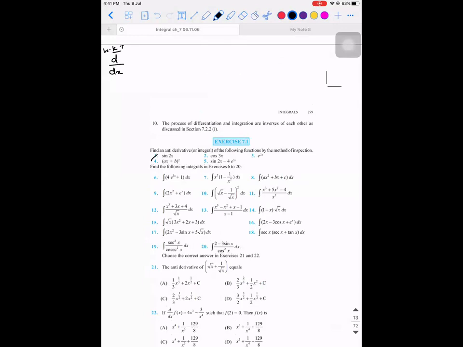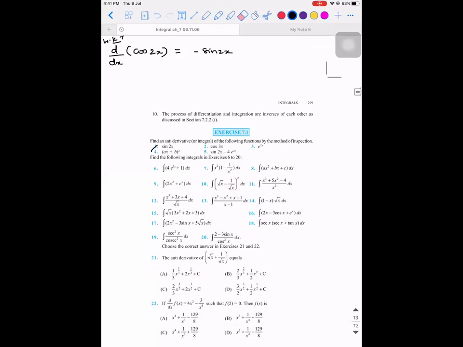We know that derivative of cos 2x is equal to minus sin 2x. Both are the same. Derivative of minus cos 2x is sin 2x.